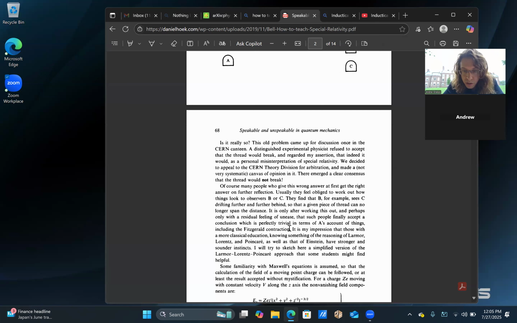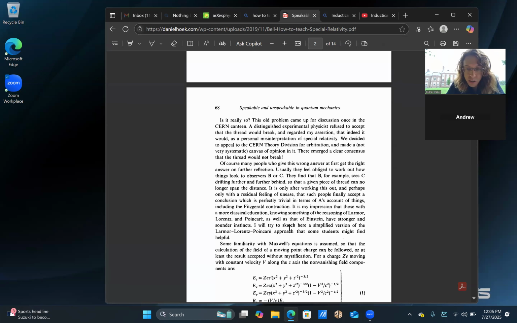It is my impression that those with a more classical education, knowing something of the reasoning of Larmor, Lorentz, and Poincare, as well as of Einstein, have stronger and sounder instincts. I will try to sketch here a simplified version of the Larmor-Lorentz-Poincare approach that some students might find helpful.